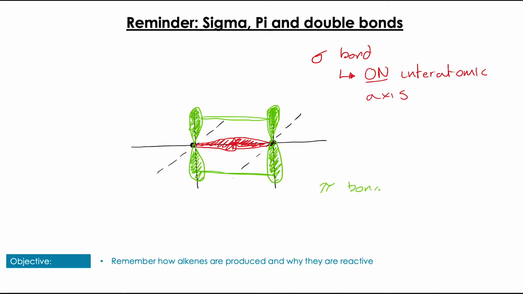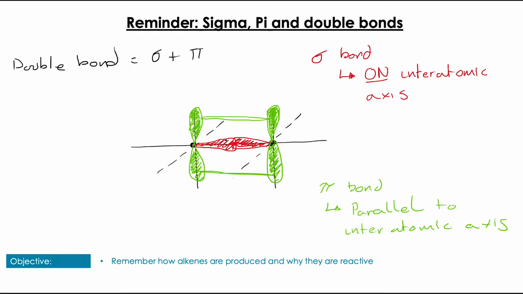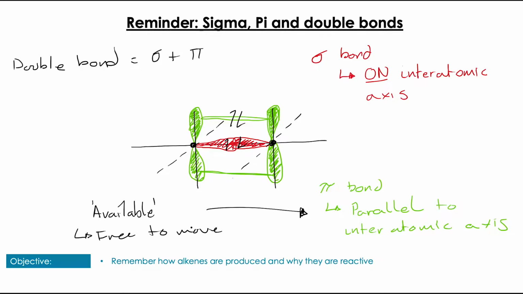And it's these pi orbitals that are away from the controls of the nucleus that make alkenes so reactive, because these electrons are able to easily move, and because they're able to easily move, they're able to participate in reactions more readily because they're available.